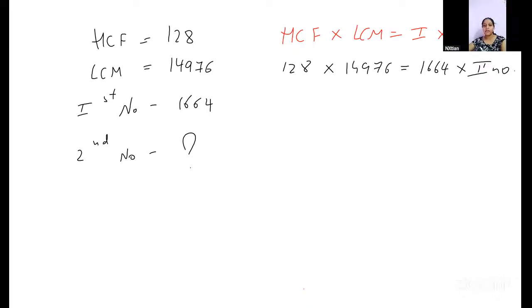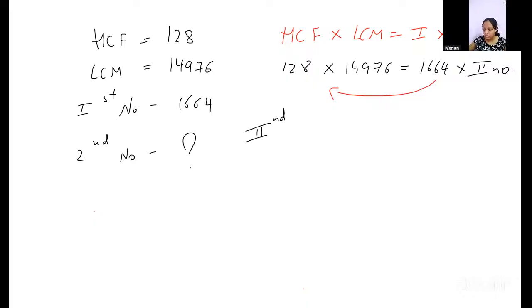Now, when we need to find the second number, we will take this 1664 below 128 into 14976.